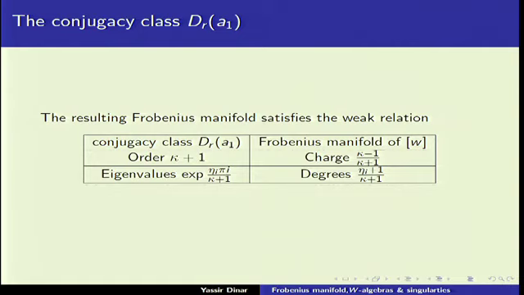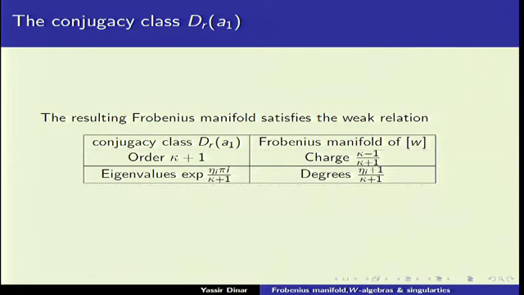We cannot construct the isomonodromic deformation or the monodromy group of this algebraic Frobenius manifold. But we know that the charge and the degrees of this algebraic Frobenius manifold come from the eigenvalues and the order of the conjugacy class in the Weyl group.